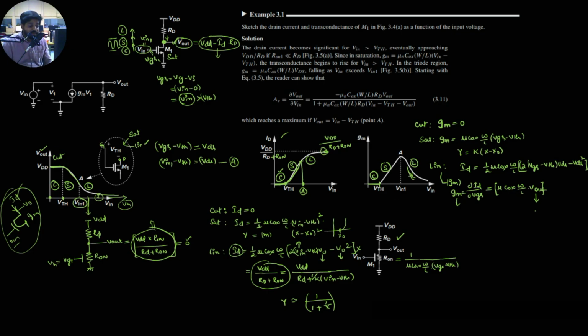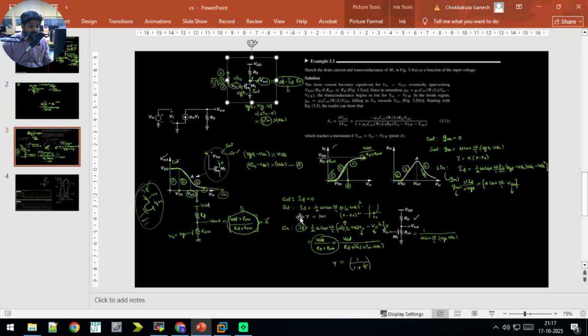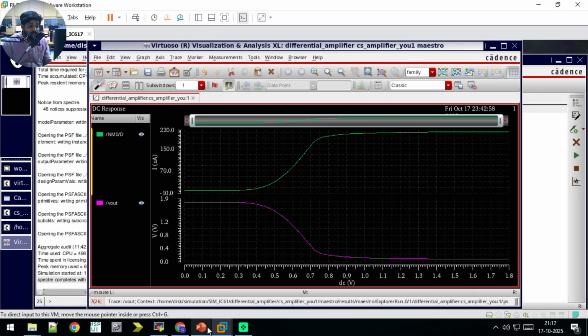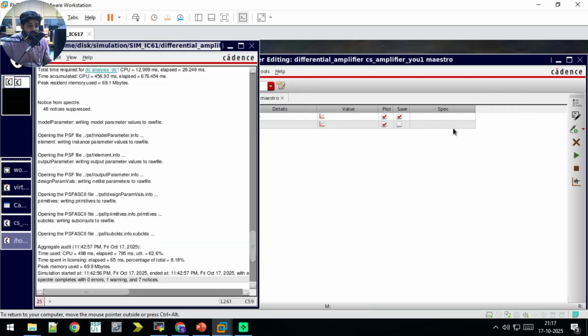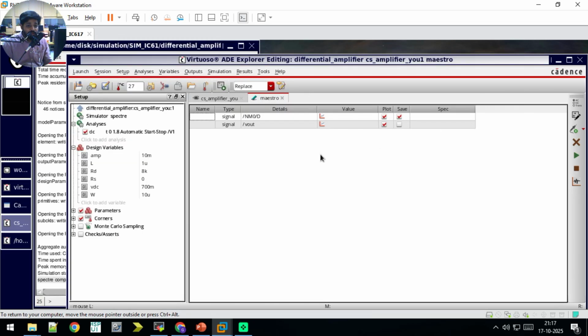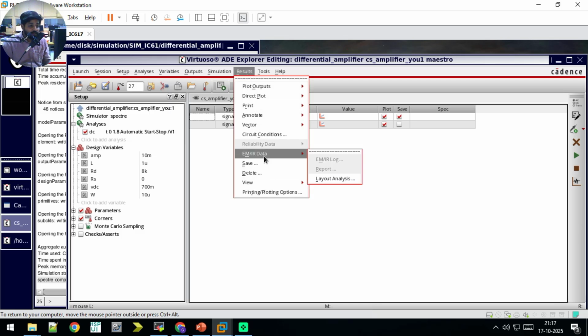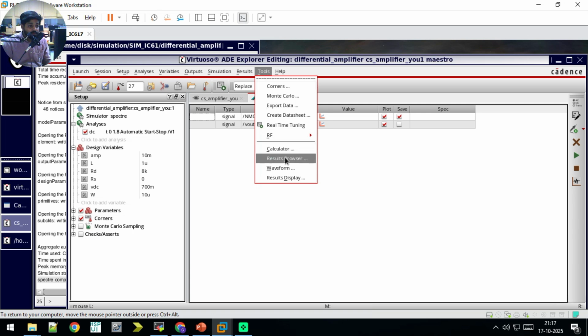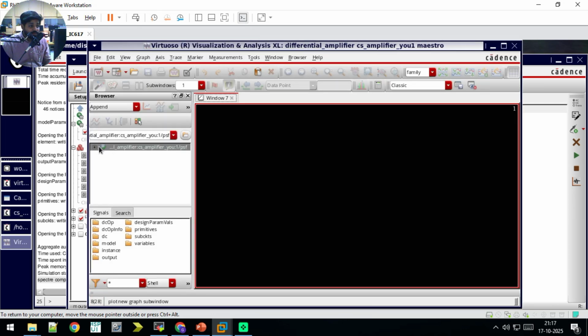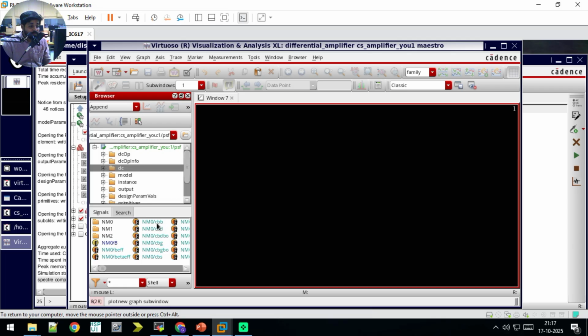So now let me calculate the Rn of the circuit. For calculating the Rn of the circuit, let me close this one and bring the variable Rn first, then we'll go with the GM. So first let us go to the results browser, where in the DC you have to find the Rn of the device.